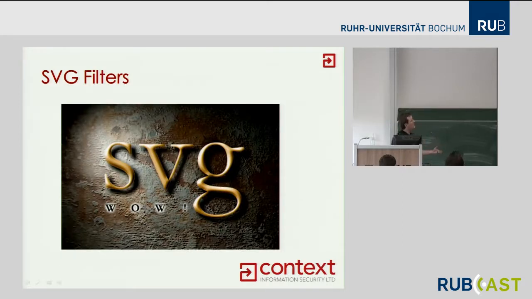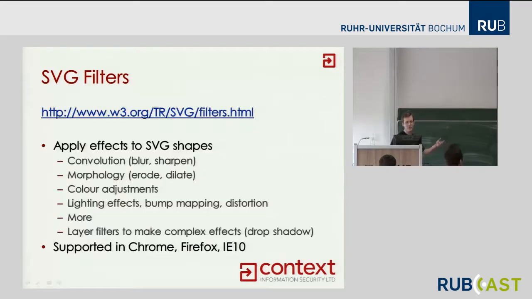So the reason I was looking at SVG is SVG filters, which is part of the SVG spec. SVG by itself just allows you to do kind of flat shapes, some gradients, just basic things. But SVG filters let us apply fancy effects like this to the elements. There are lots of different SVG filters.